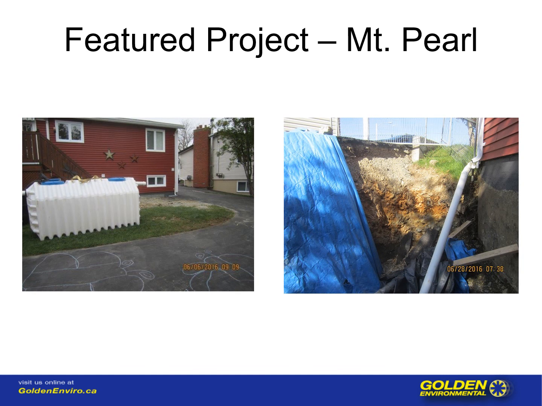On the right-hand side is a picture of the left-hand side of the home. This is where the tank had been sitting. The tarps are there in order to slow down erosion from the rain. You can see the safety fence along the top. This is a neighborhood, and the excavation pit is completely fenced off so that children and unauthorized personnel cannot get into this area.